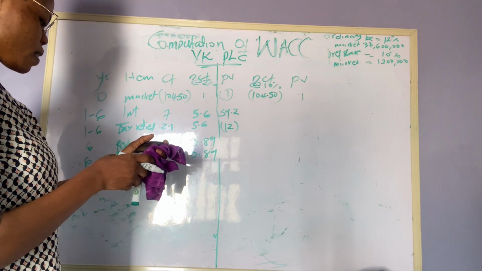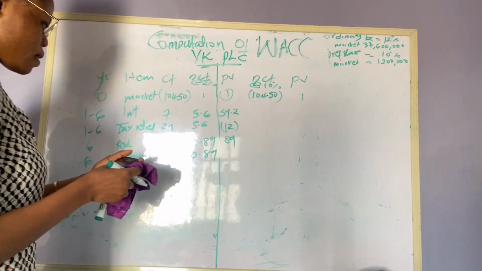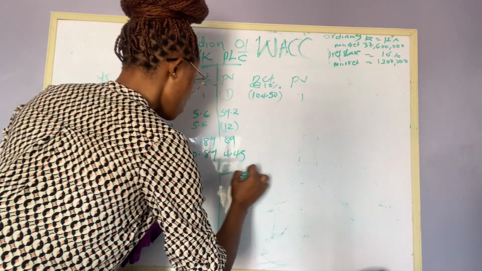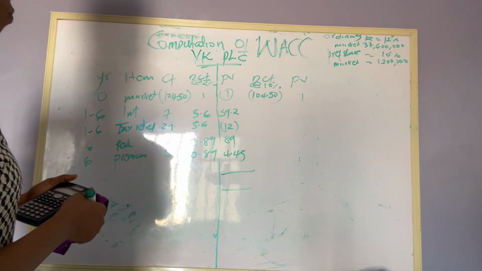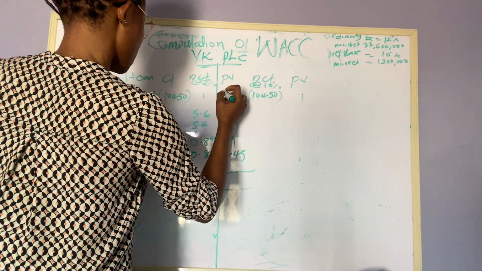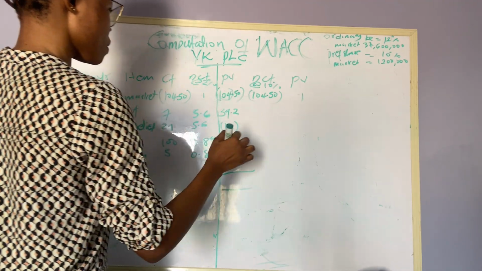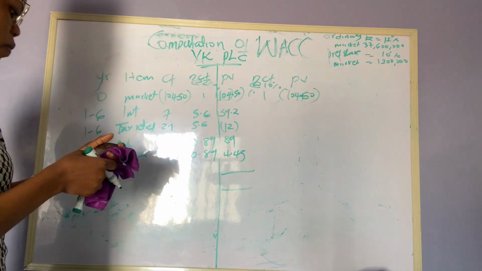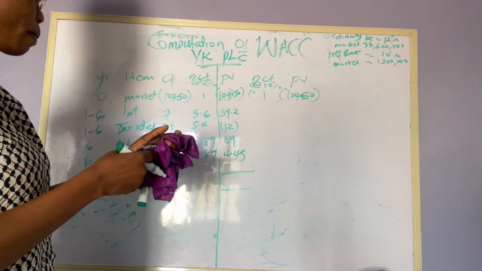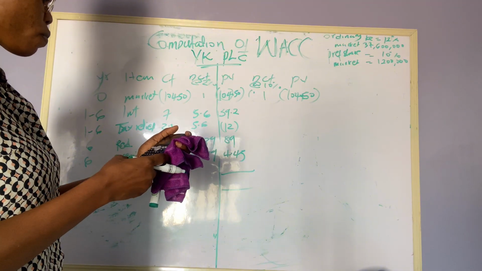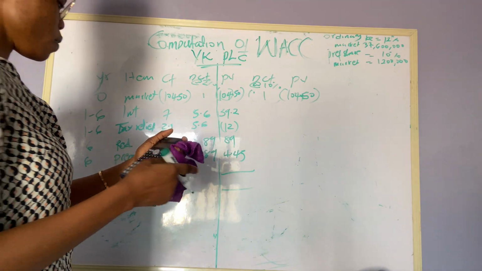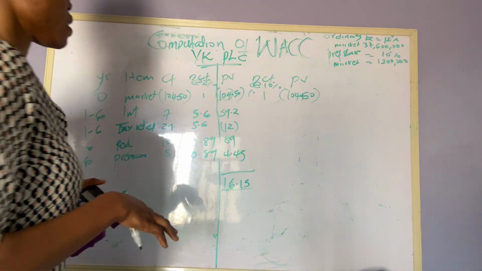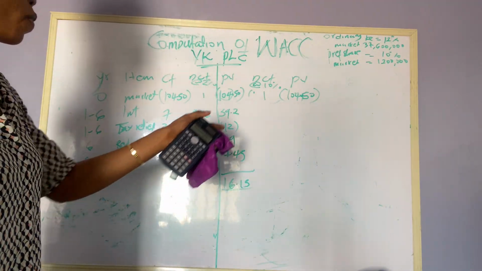Then 100 times 0.89 gives 89, and 5 times 0.89 gives 4.45. So PV is 4.45 plus 89 minus 12 plus 39.2, then minus 104.50, which gives us positive 16.15.